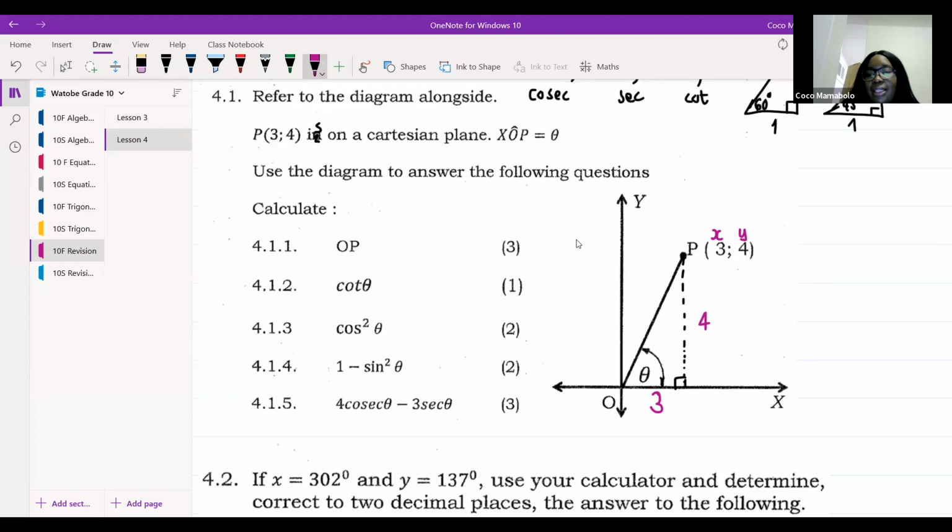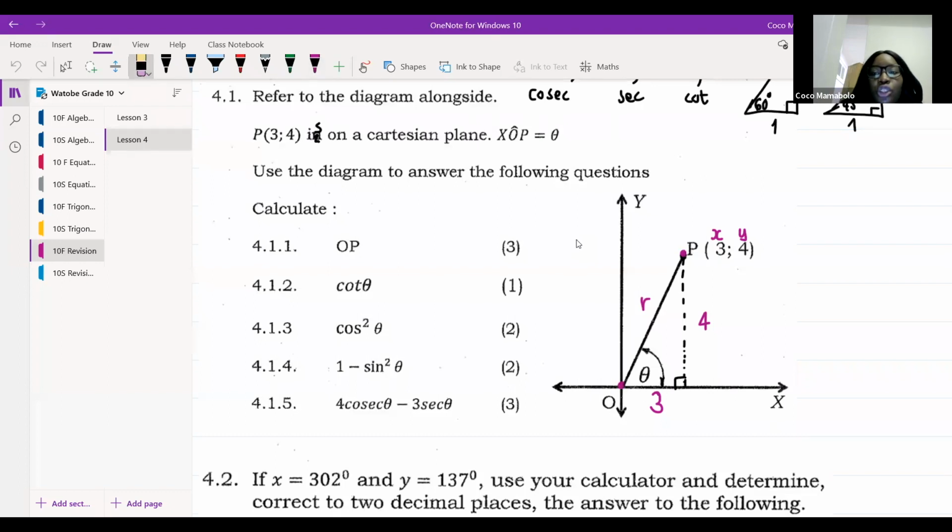Remember, this is my X, this is my Y, and this is my R. If we use SOH CAH TOA, we're going to get an angle, and we don't want the angle. What we want is the length of OP. How do we figure out the length of OP? That's it, Funzo. That's exactly what I'm looking for. We're going to use Pythagoras to figure out the length of OP.